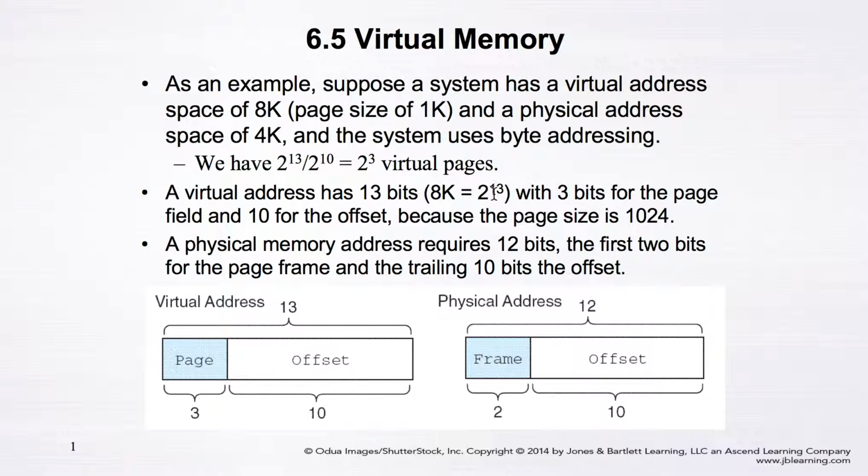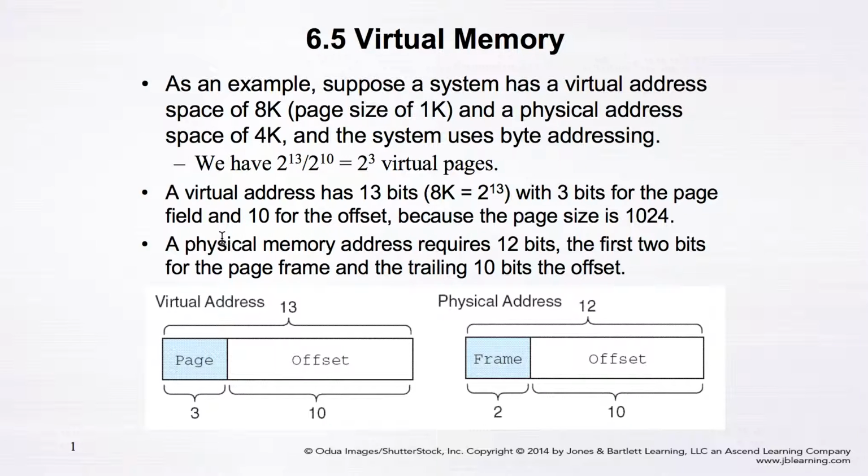So the number of bits required to represent one address in the virtual memory is 13 bits. From the calculation, we need 3 bits for the page address field, and the remaining 10 bits for the offset within one page, because the page size is 1 kilobyte, or 1024.